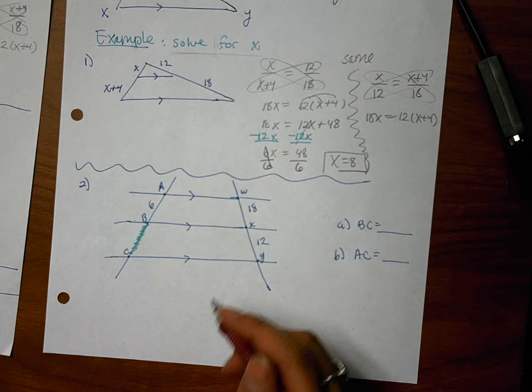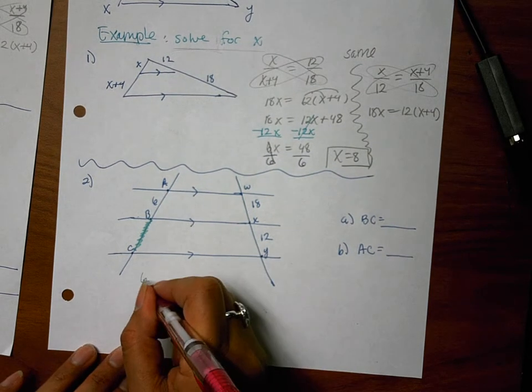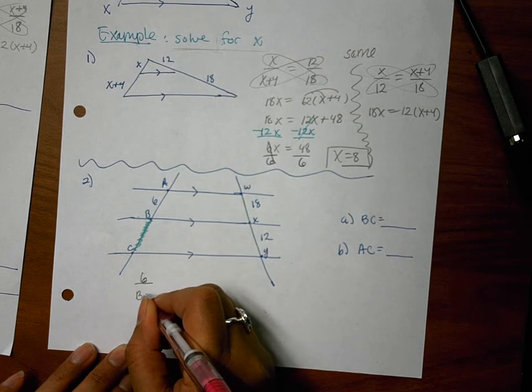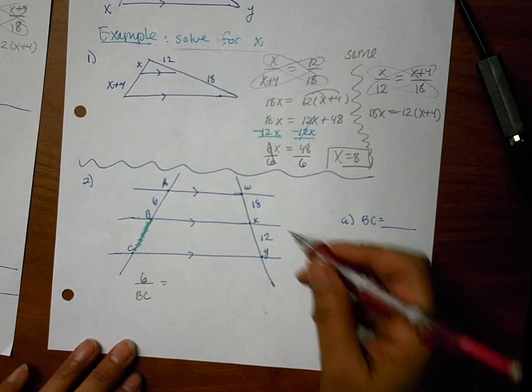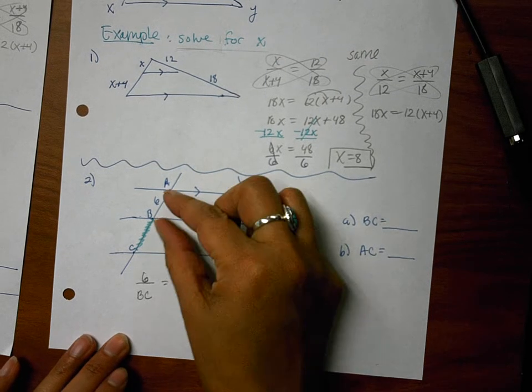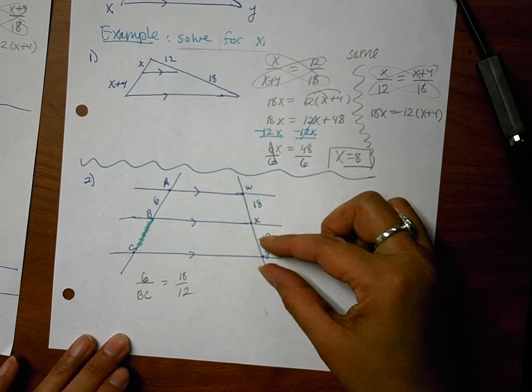I treat it just like I do up on that top one, and I make my proportions. So 6 over the unknown side, we'll just call it BC, equals 18 over 12.